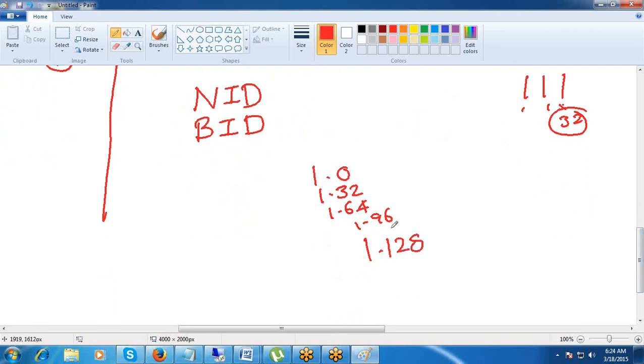So the 100 is coming between here. 96 is the network ID and the broadcast ID is 127. Now this is clear? Yes. Okay, fine.